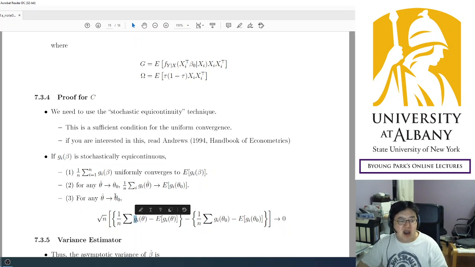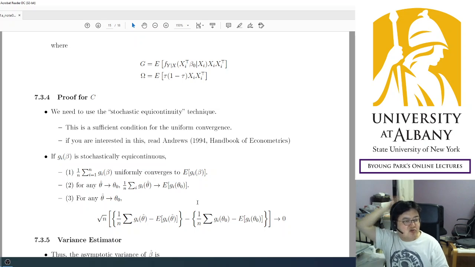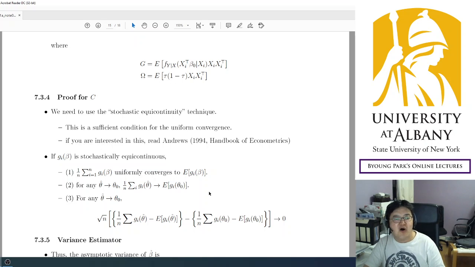And then how can we show that a function is stochastically equicontinuous? The true proof is one course, one semester.